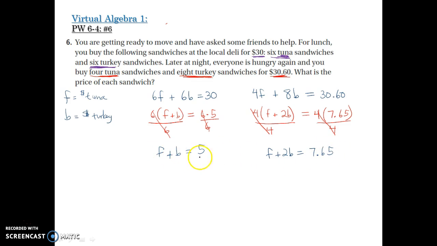Now it's a little bit easier for me to look at this and see how I can set up elimination or substitution, but this one seems to fit elimination pretty well because I have an F here and an F here.